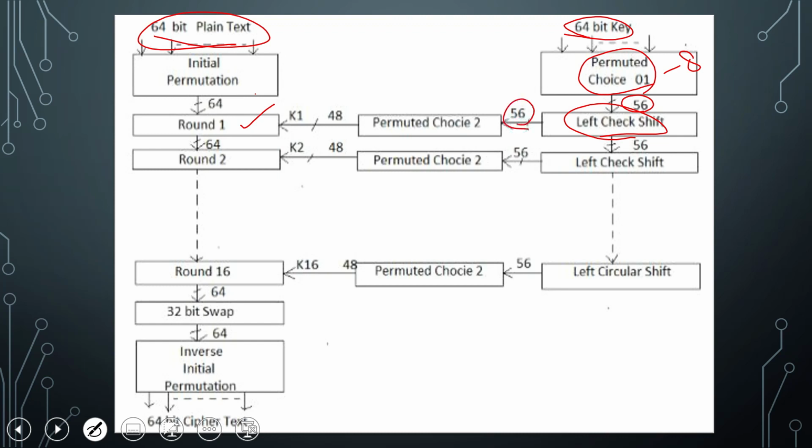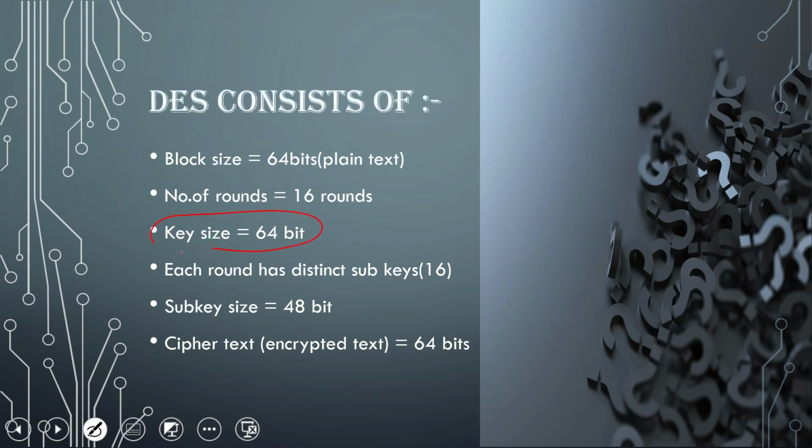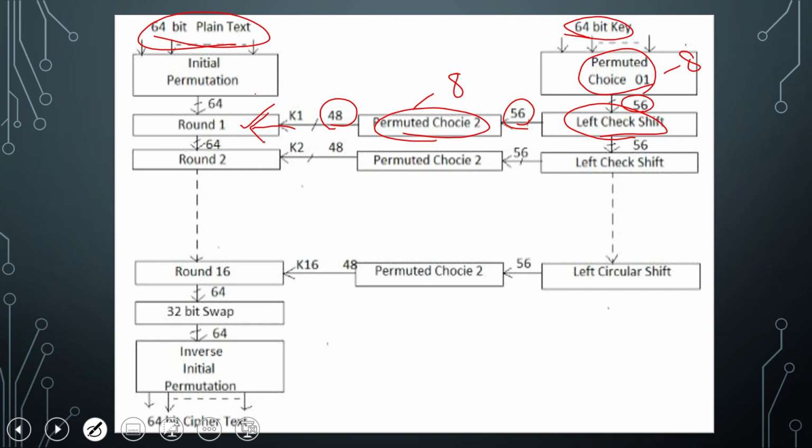Then permuted choice, which means we already did minus 8, and then we will get the key size as 48 bit. Before we also saw that key size is 64 bit, right? So this is the 48 bit key we are passing to round 1. In round 1 we are doing one operation, which I will explain later.